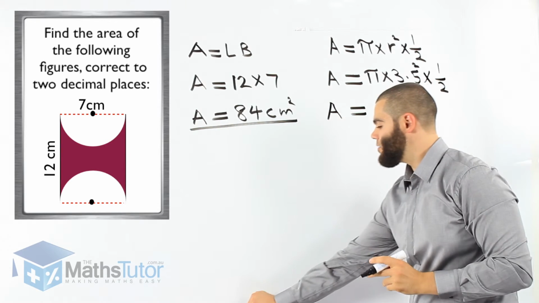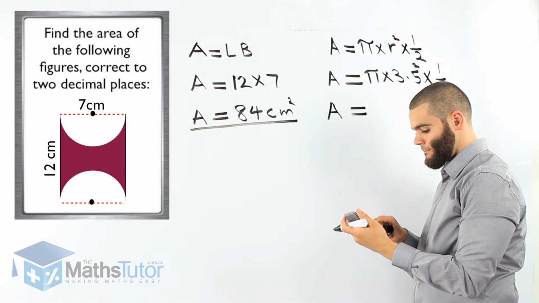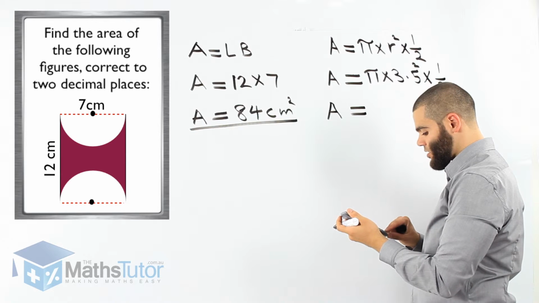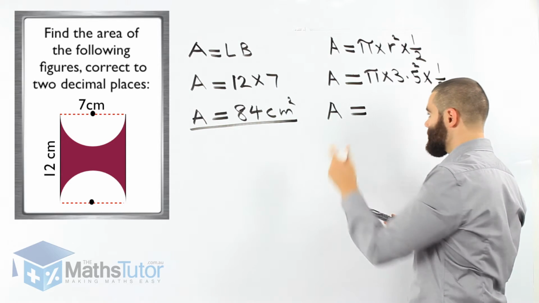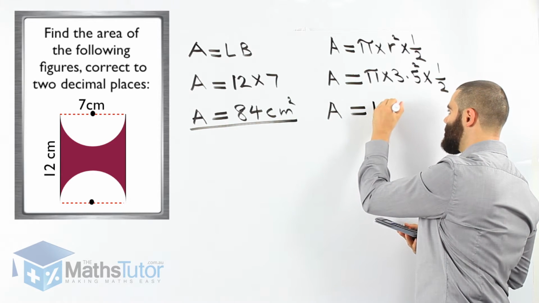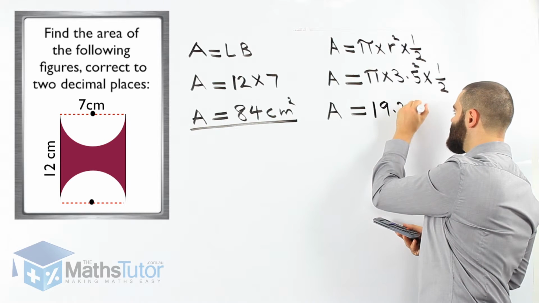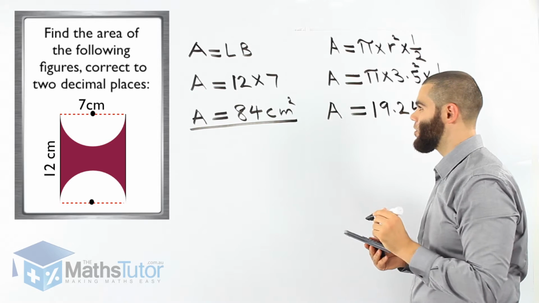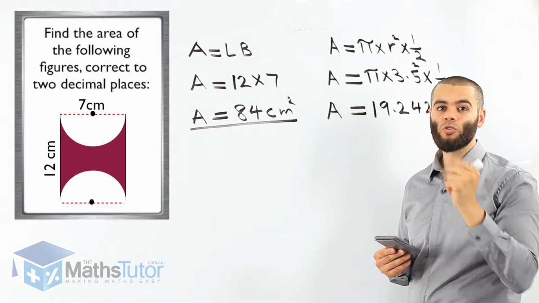Now let's work it out. Pi times 3.5 squared times a half, 19.2422, and it keeps going. Now we are going to multiply it by 2. Why?